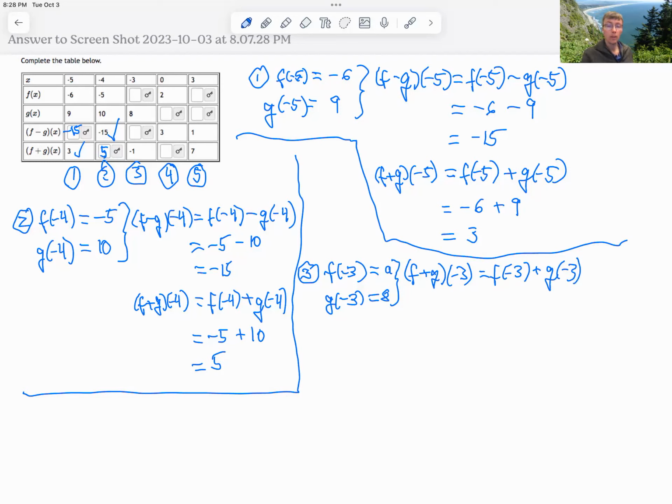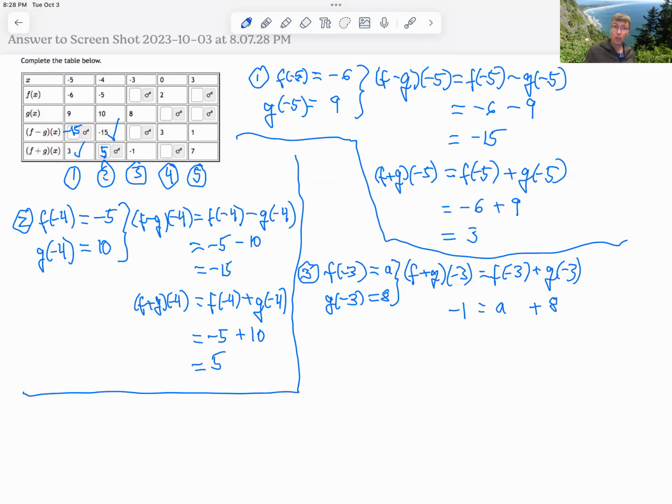Now here, I'm gonna fill in everything. So I'm gonna fill in f plus g of -3 because I'm told that that is -1. Then f of -3 we called A, just for our own convenience. And then plus g of -3 is 8.